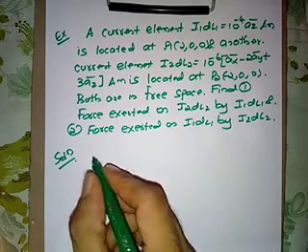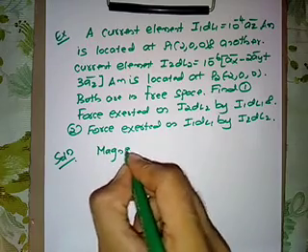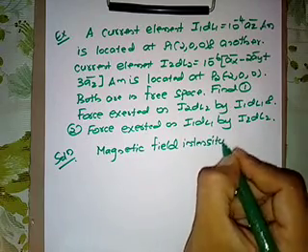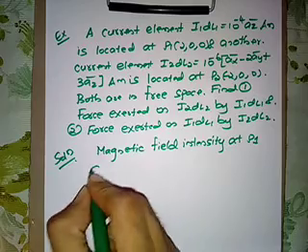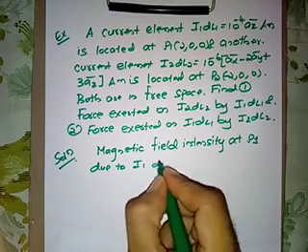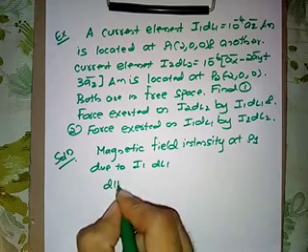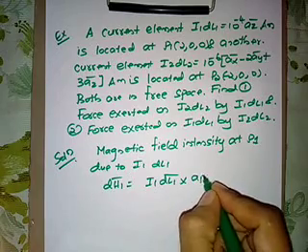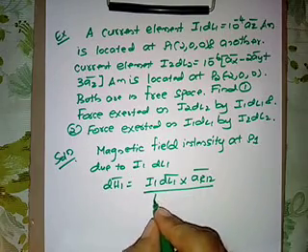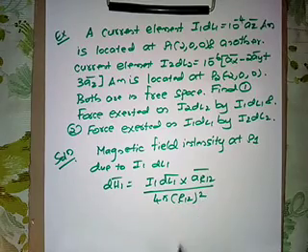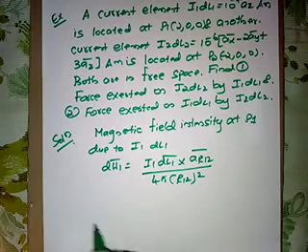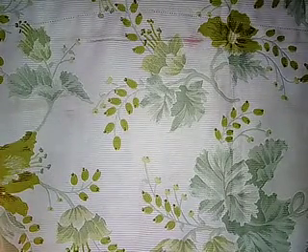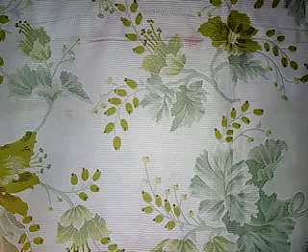Magnetic field intensity at P1 due to I1 dl1 is given by dH1 bar, this is equal to I1 dl1 bar into aR12 bar, this divided by 4 pi R12 square. Okay, here we have x, y and z. So what they have given in the problem, so it is x, y, z.